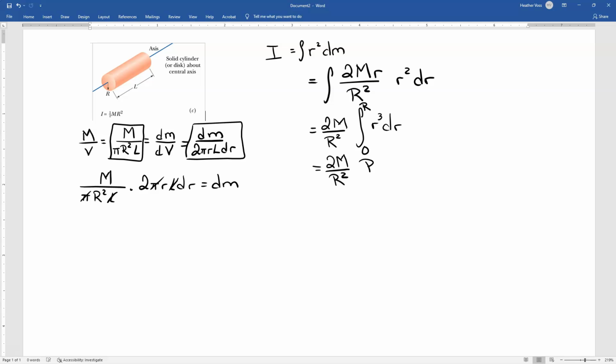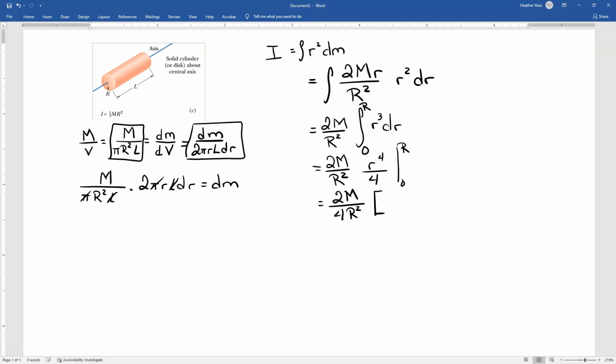So we're going to get 2m over big R squared, and we're going to have r to the fourth, lowercase r. So r to the fourth over 4, evaluated from 0 to big R. So that's going to give me 2m over 4R squared.